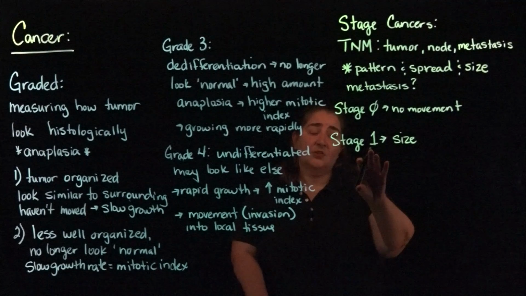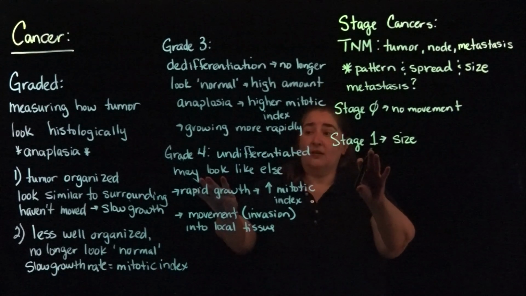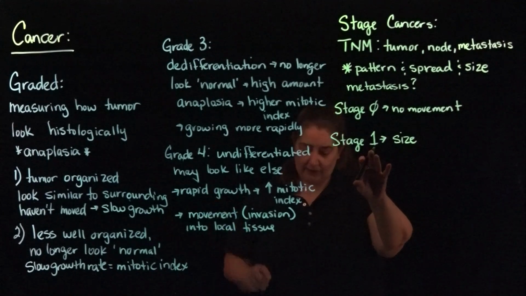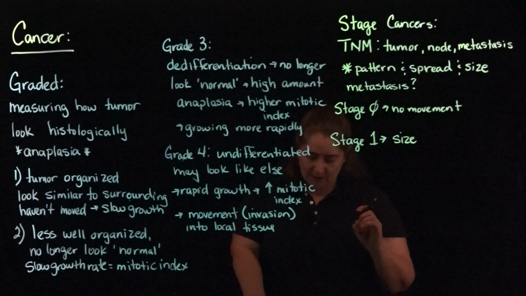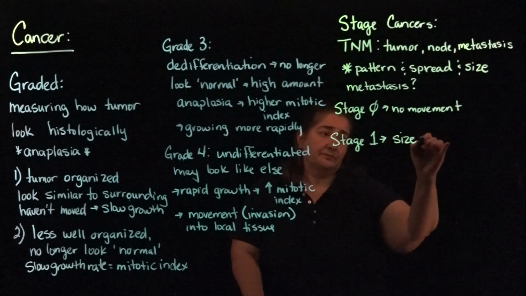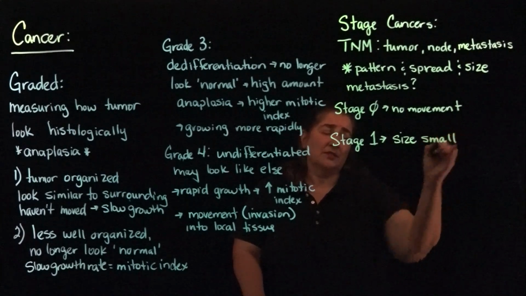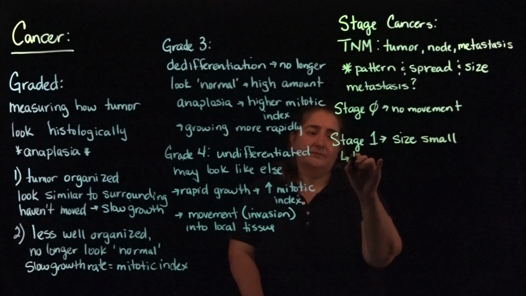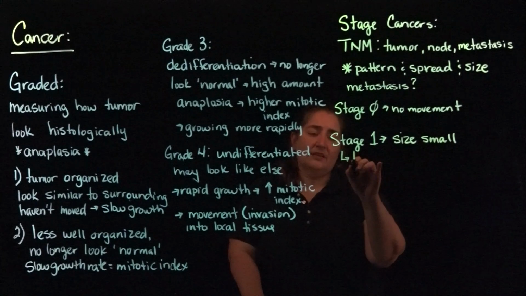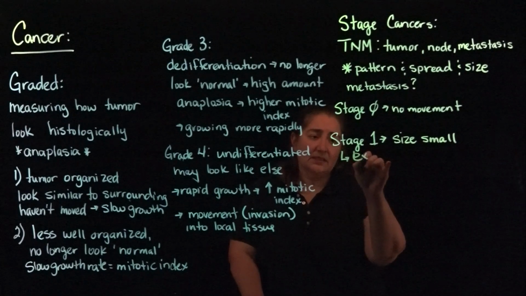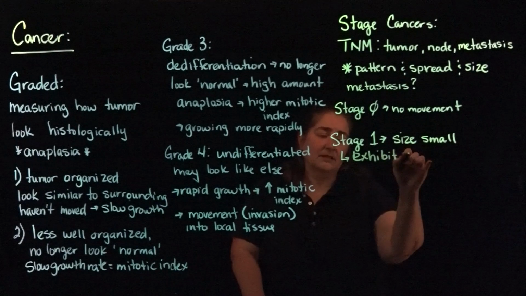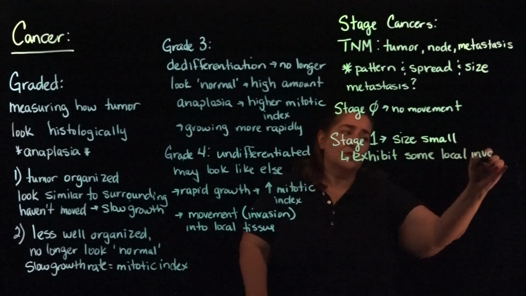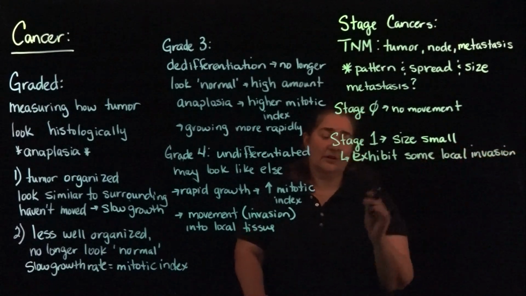But you can have a stage 1 that's a small size, but it's grade 4, meaning it's showing rapid growth, okay? But that stage 1 is going to be a relatively small tumor. May exhibit some local invasion, all right?